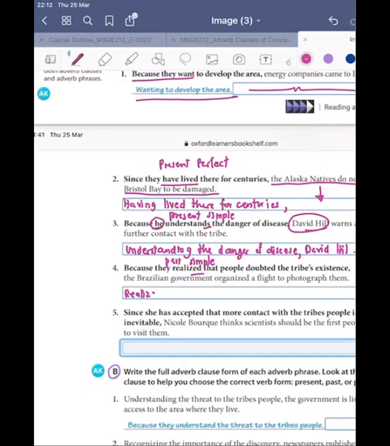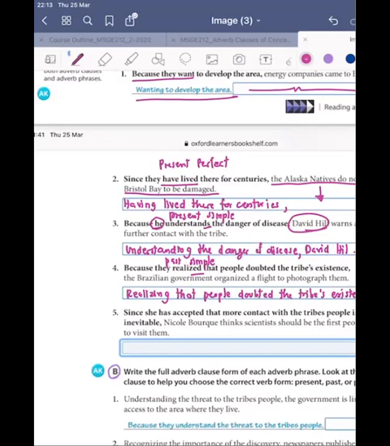Realizing, oops, sorry, that people doubted the tribe's existence. And then the rest stays the same, okay?